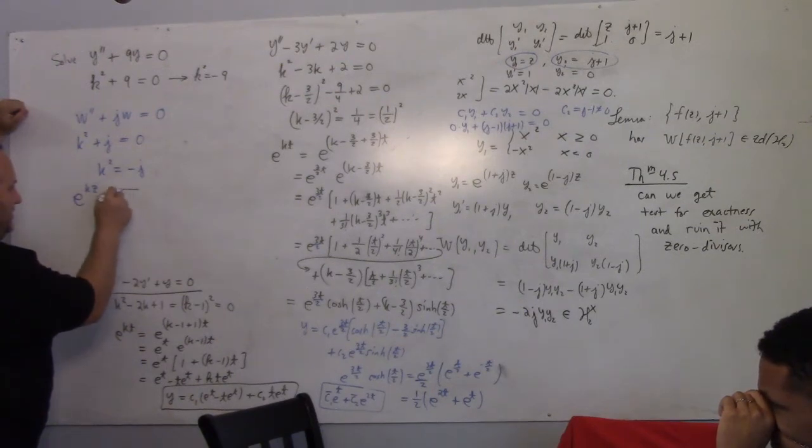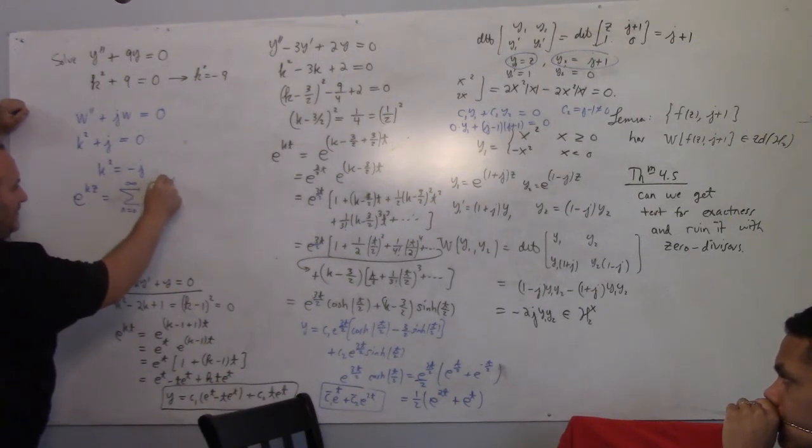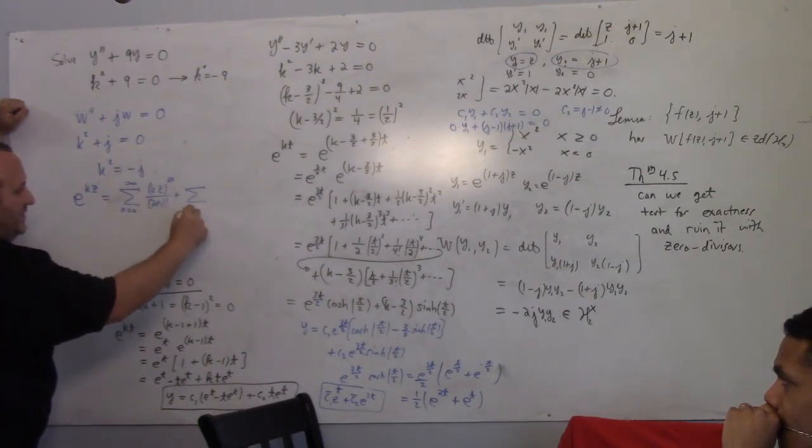I've got the sum, n from 0 to infinity, of kz to the 2n. We have the even terms, and I'll use m as in mommy.